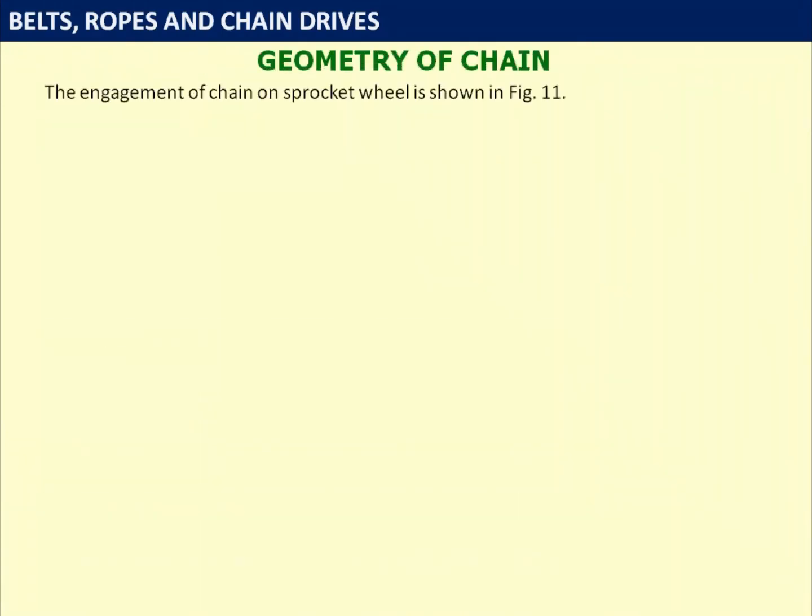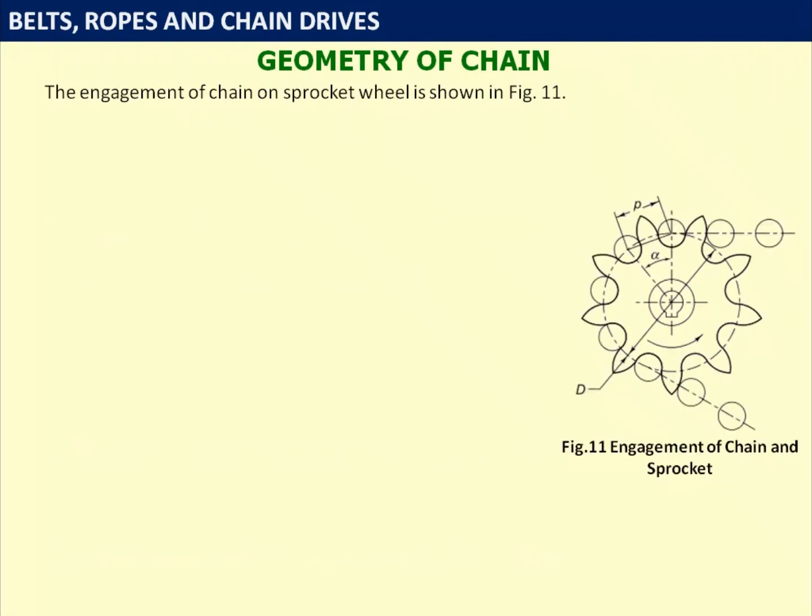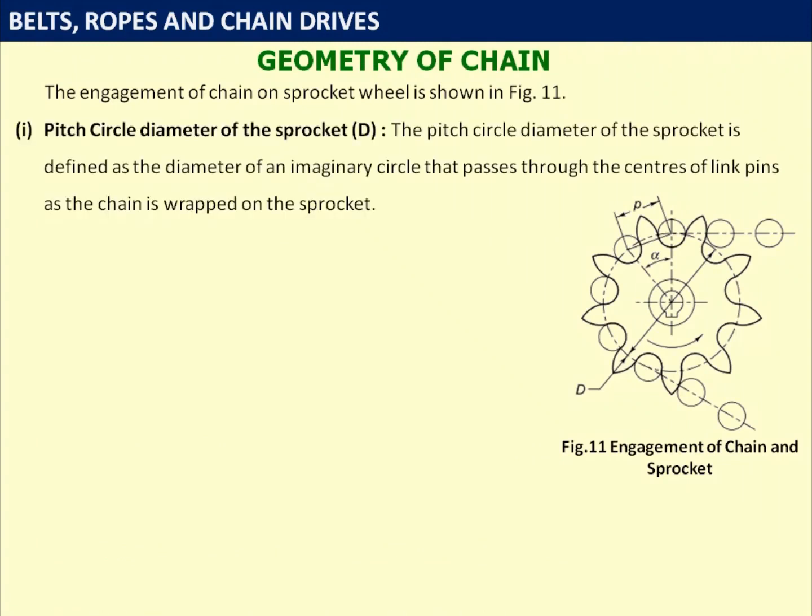Now, geometry of the chain. The engagement of the chain on the sprocket wheel is shown in figure 11. So this figure 11 shows the chain running over the sprocket. Let us see the important definitions one by one.